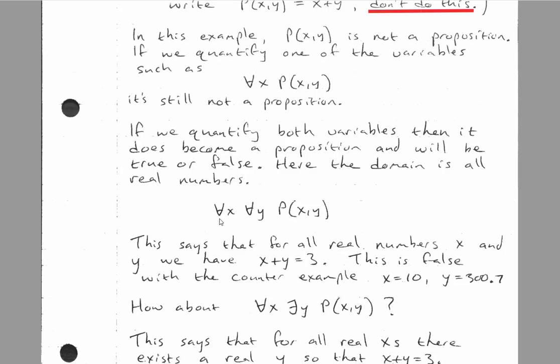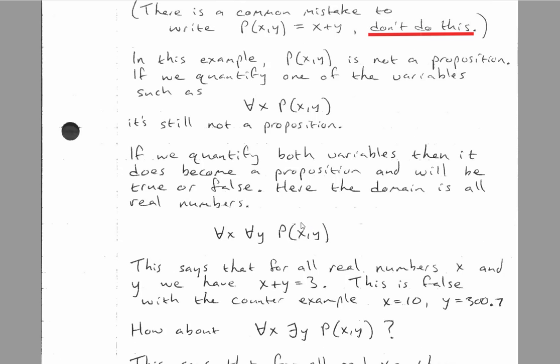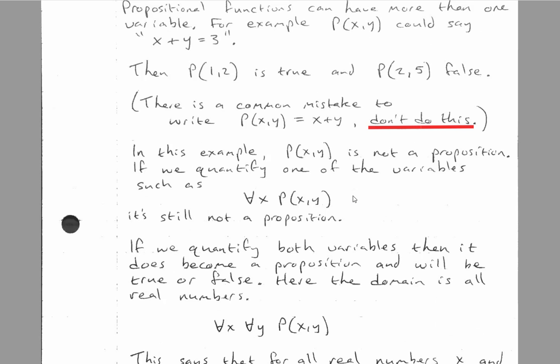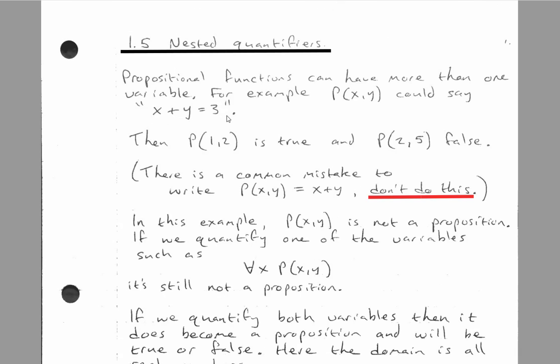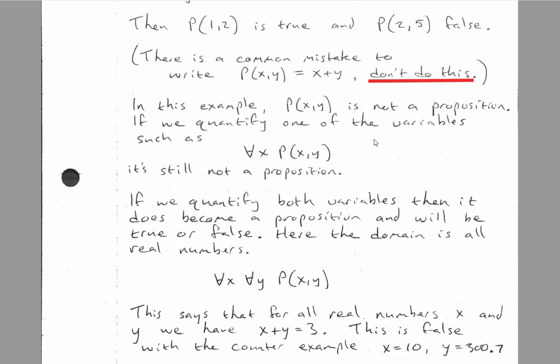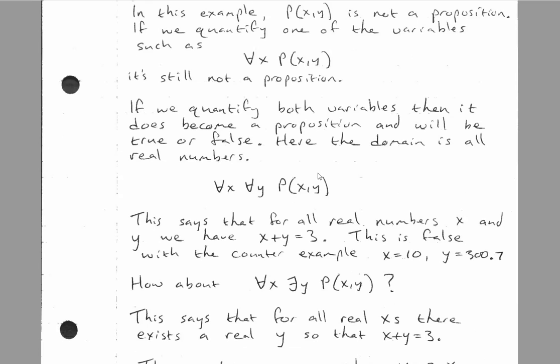Okay, so this expression, for all x, for all y, p of x comma y, does make this a proposition. It's saying for all real numbers x and for all real numbers y, we have x plus y equals 3. So it is a proposition, but it's not a true proposition. x plus y equals 3 is not true for all x and y.